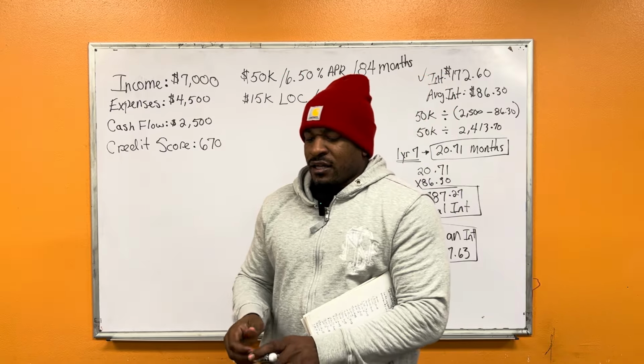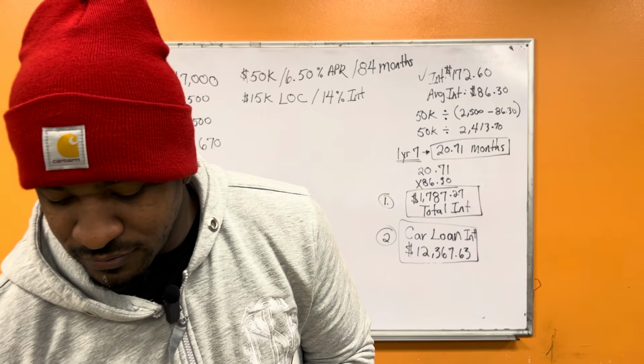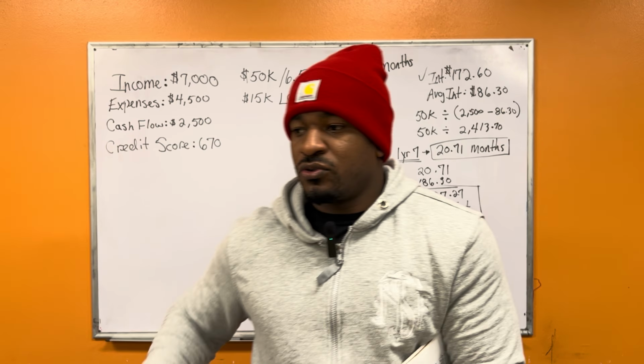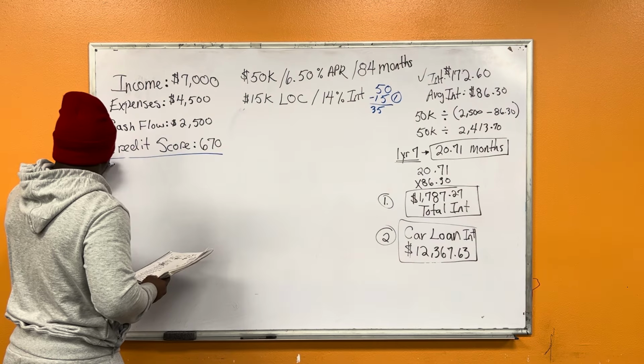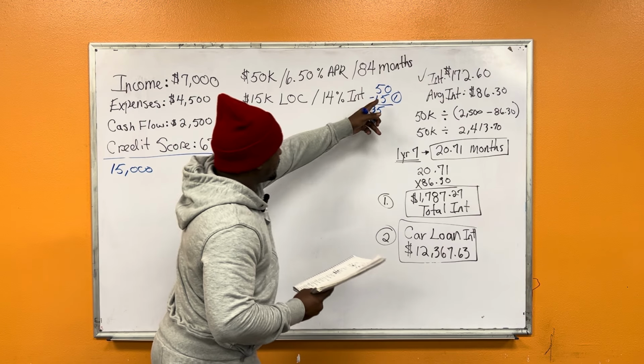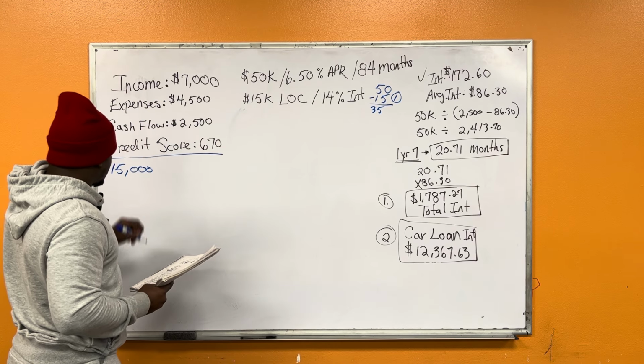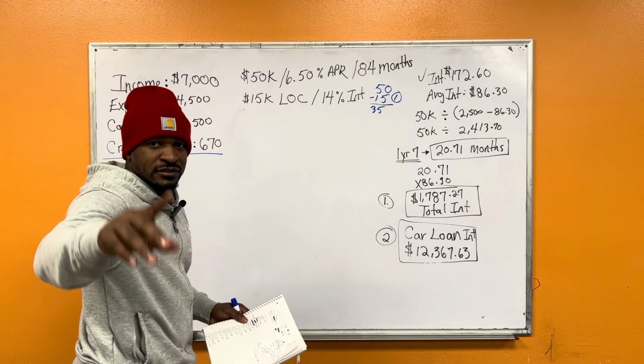Now, let's get into the process of how this personal line of credit works, and how we break it down. We put 15,000 towards it, right? We put 15,000 towards it, which is right here. You keeping up with me?